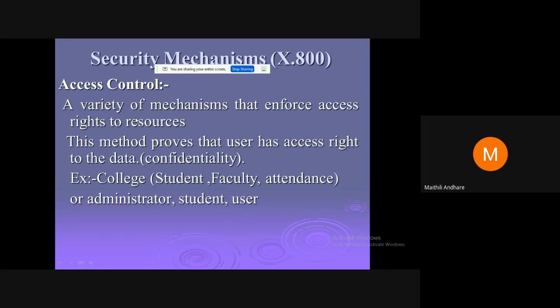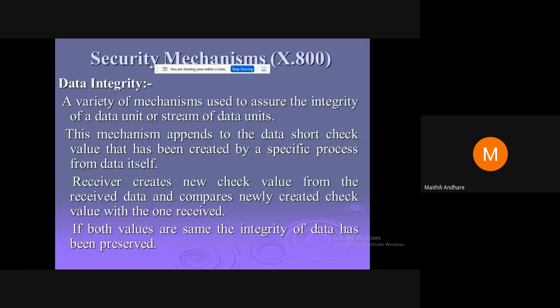Okay, so that the confidentiality is maintained. So as to maintain the confidentiality, or you can say so as to increase the security, the access control should be given. The right person is given the right particular access.